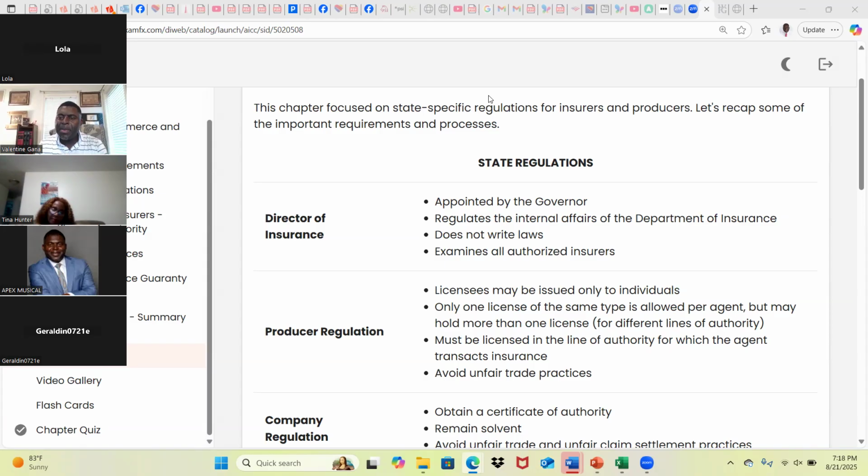Remember, licenses may be issued only to individuals, and it's one license per agent, but you can hold different licenses for different lines of authority. You must be licensed with the authority with which you transact business.